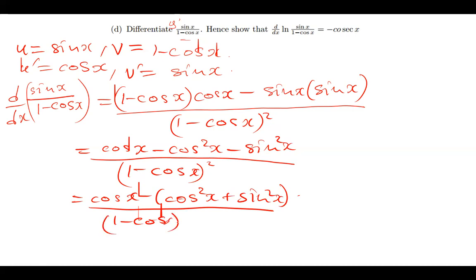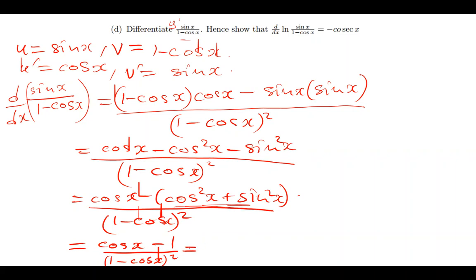What is in the brackets is just a Pythagorean identity, which gives us 1. So on top we'll remain with cos x minus 1, and the denominator will be 1 minus cos x, everything squared.